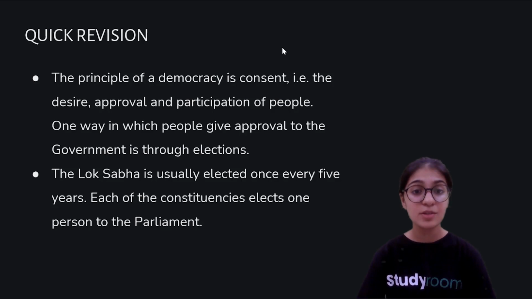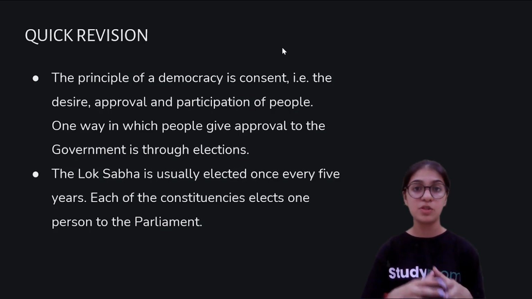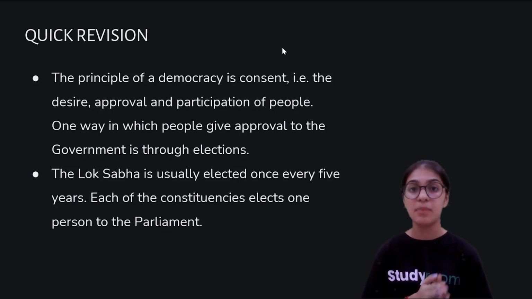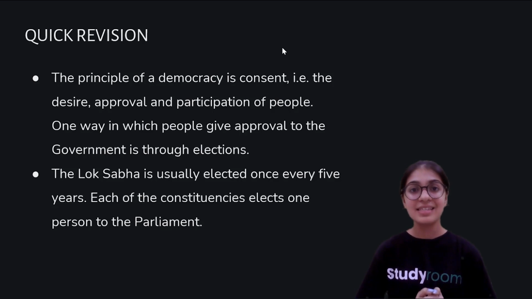The Lok Sabha is usually elected once every 5 years. Each of the constituencies elects one person to the Parliament. As we have discussed, the members of the Lok Sabha are called Members of Parliament. After every 5 years, there are elections to elect the new members of Parliament.